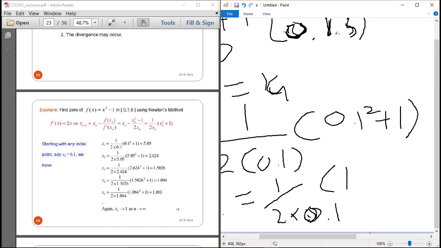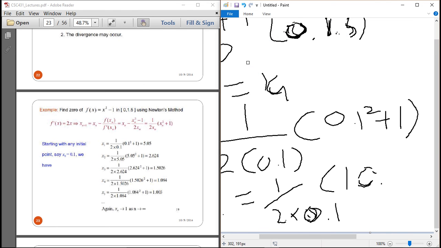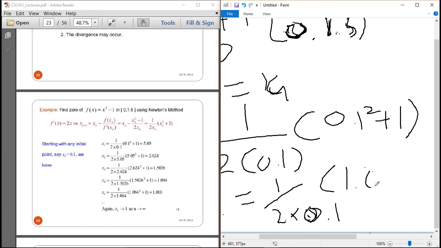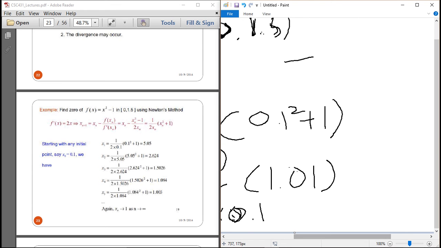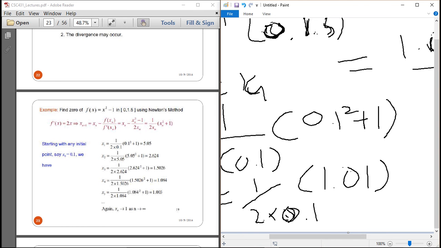Multiplying this, you have 1.01. 2 times 0.1 gives 0.2.